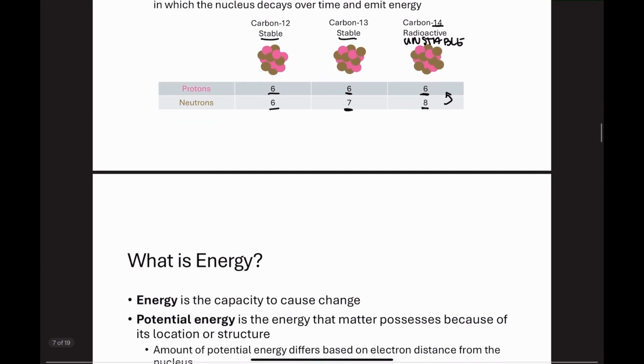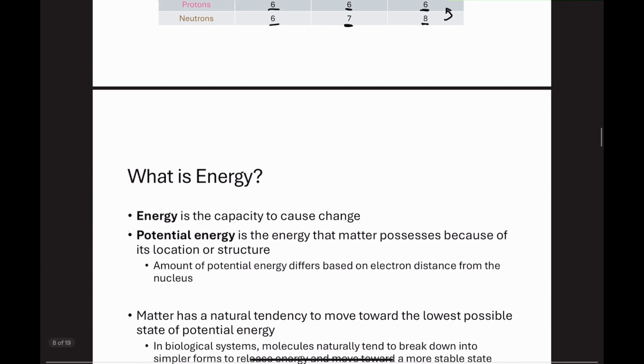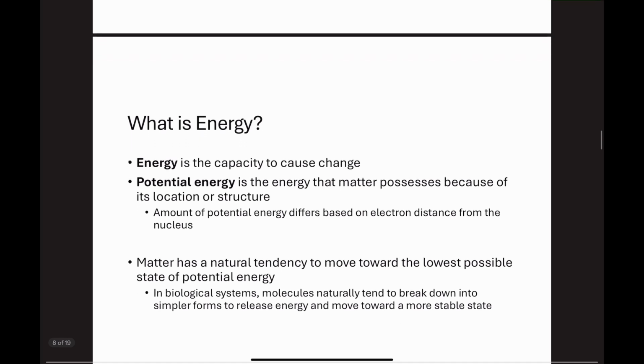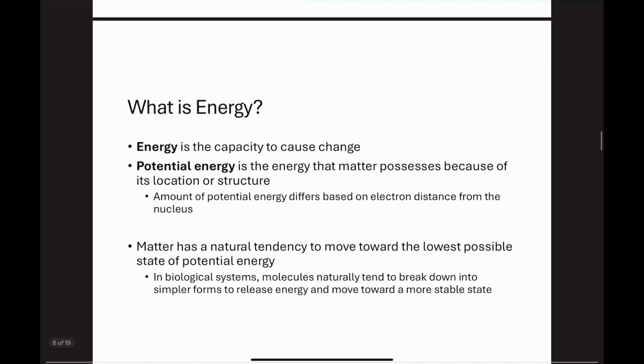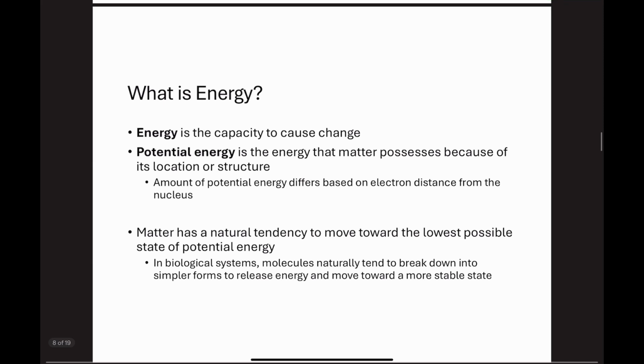So the last concept of this section is energy. Energy is defined as the capacity to cause change. And potential energy is the energy that matter stores because of its structure or location.